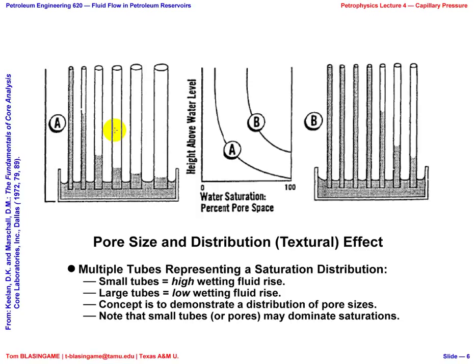I can't change the color, but that's that case. So that has a very high irreducible saturation, whereas the other one has a very low irreducible saturation. Does this all sort of make sense now? Okay. Everybody happy? Now what am I going to do?